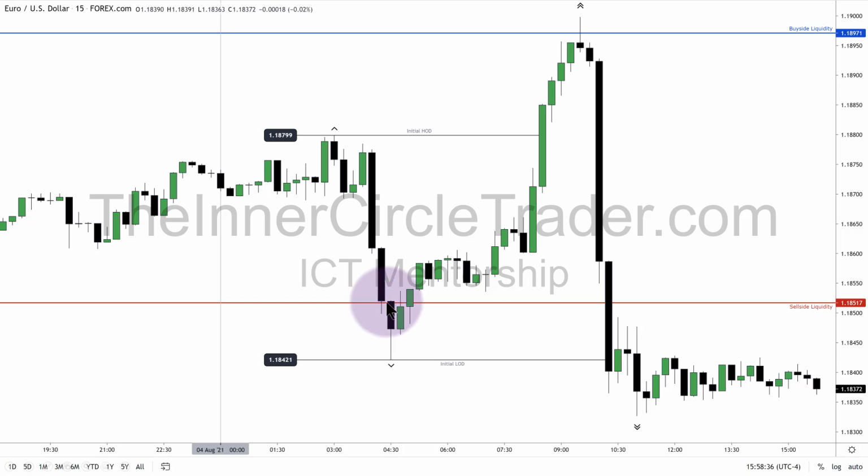But notice what it did: it swept the sell side liquidity first, then rallied up through New York open, attacked the initial high of the day buy side liquidity pool, then repriced to the buy side liquidity pool shown on that hourly chart. Then it crashed all the way back down to take out the sell side liquidity pool resting below the initial low of the day formed in London, and then consolidated going into the close.